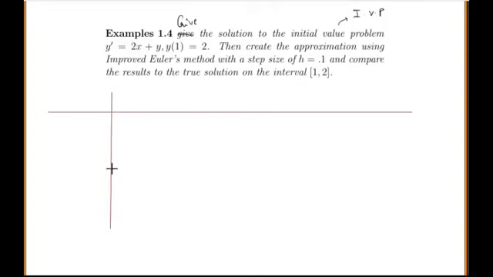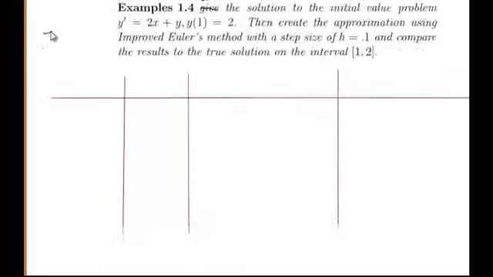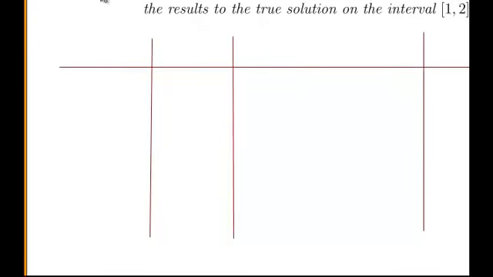So one column will be of xi, another will be for f of slopes, then another one I can put for zi and yi. Okay, and h I fix here as 0.1.